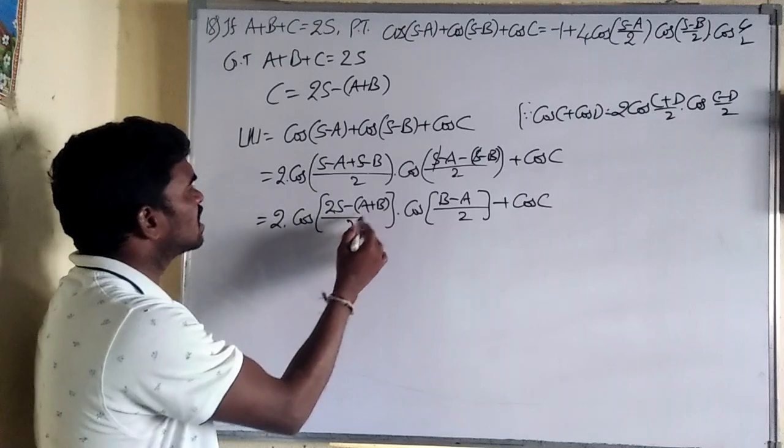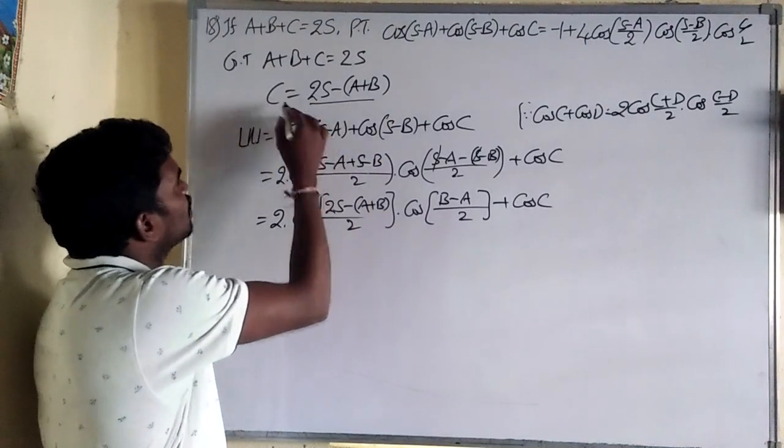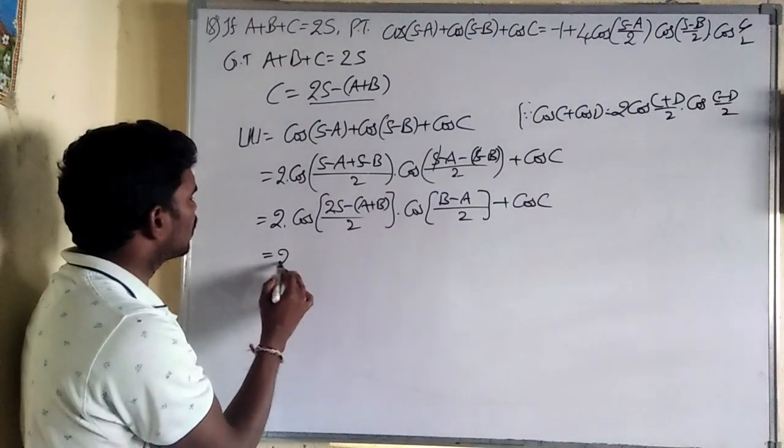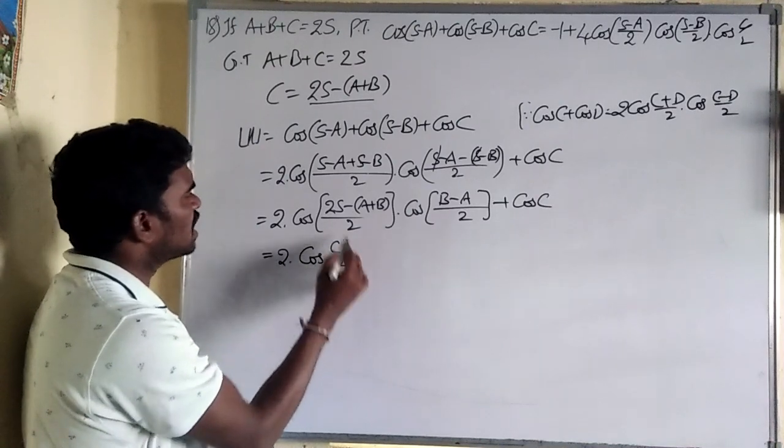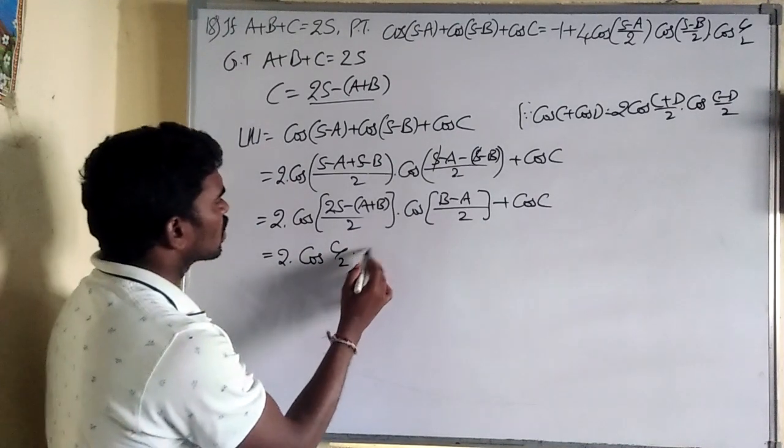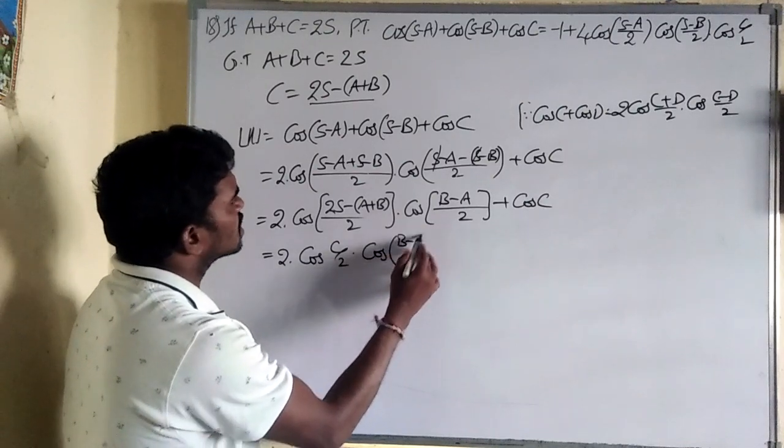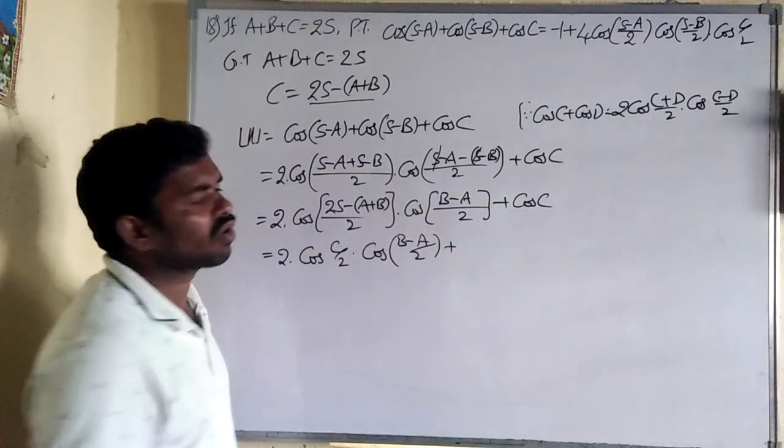Here 2s minus (a plus b) means c. So this is equal to 2 into cos c/2 as it is into cos (b minus a)/2, plus cos c.